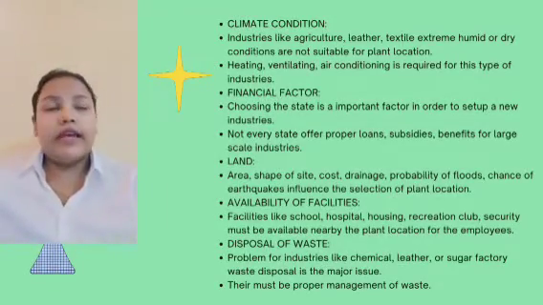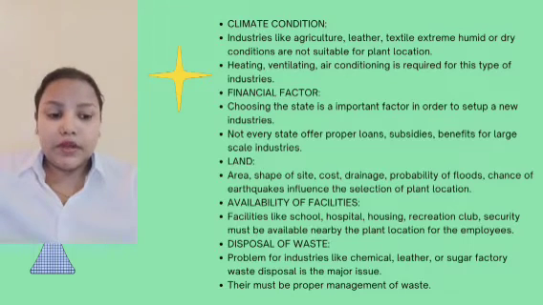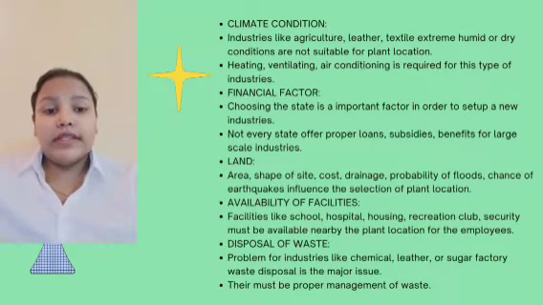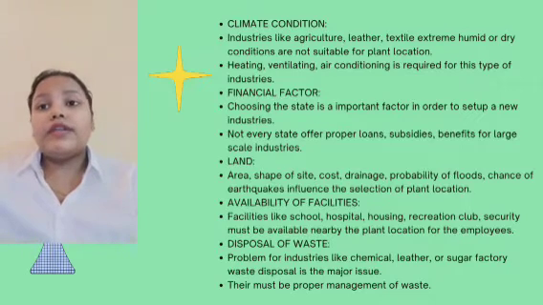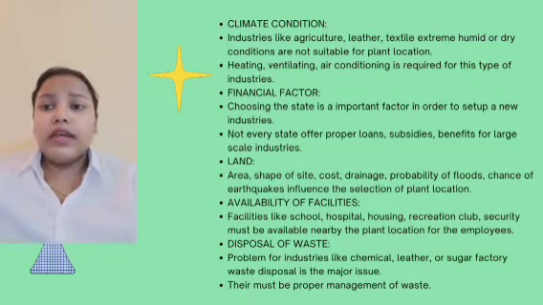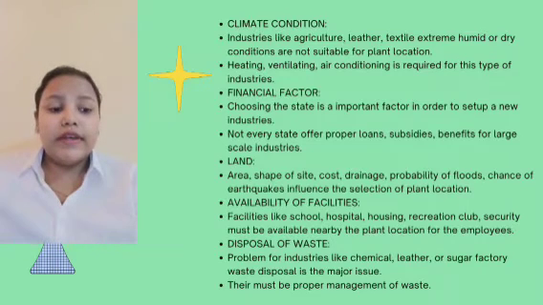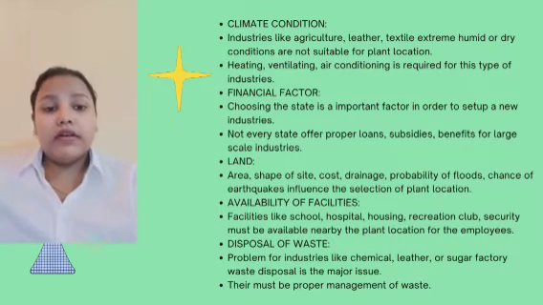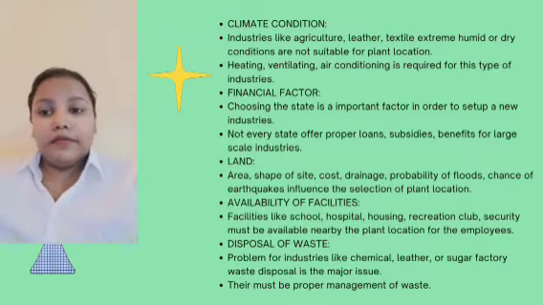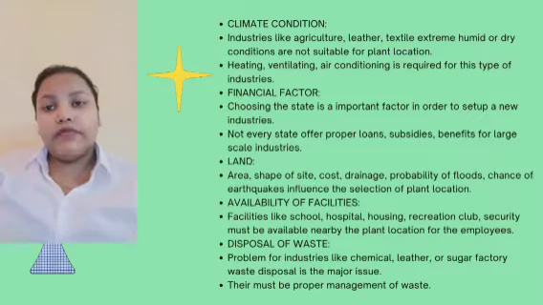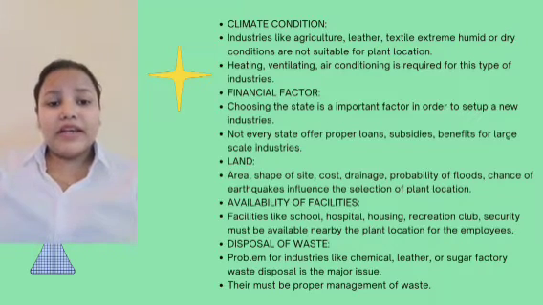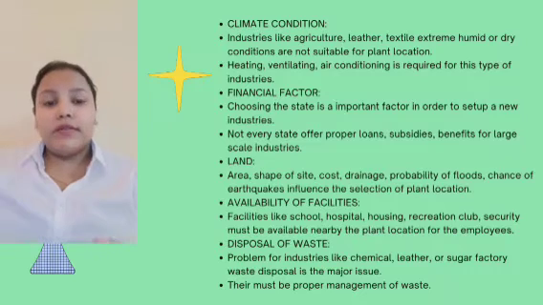We also have to keep in mind the climatic condition of the area before selecting a location for our factory. For industries like agriculture, leather, and textile, extreme humid or dry conditions are not suitable for the plant location. Agricultural industries always need rain, so the area should have enough rainfall or proper climatic conditions. Some industries are affected by the climatic condition of the location.